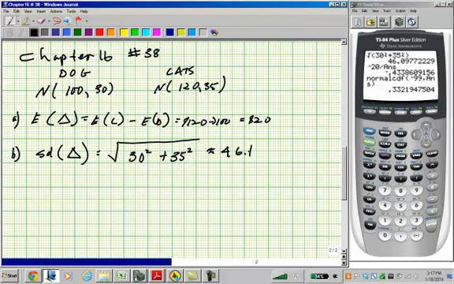And you can see that I have that on the calculator right here. Okay, there it is on the calculator.